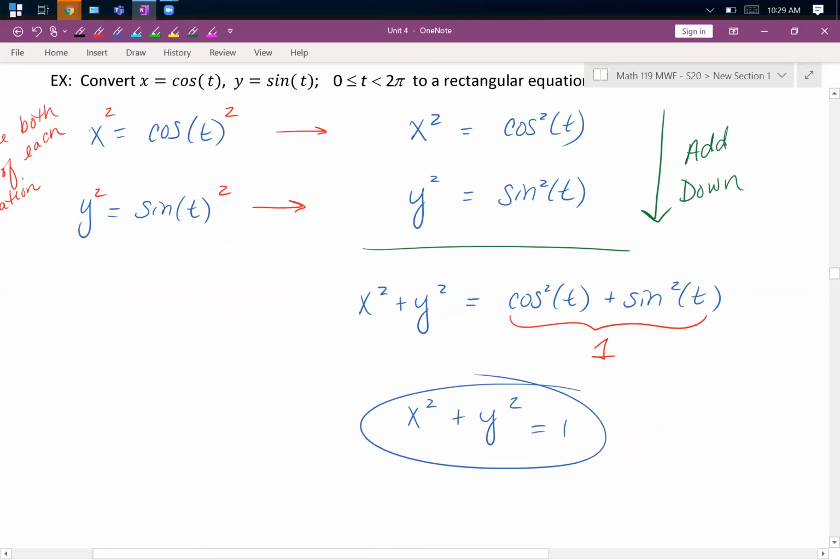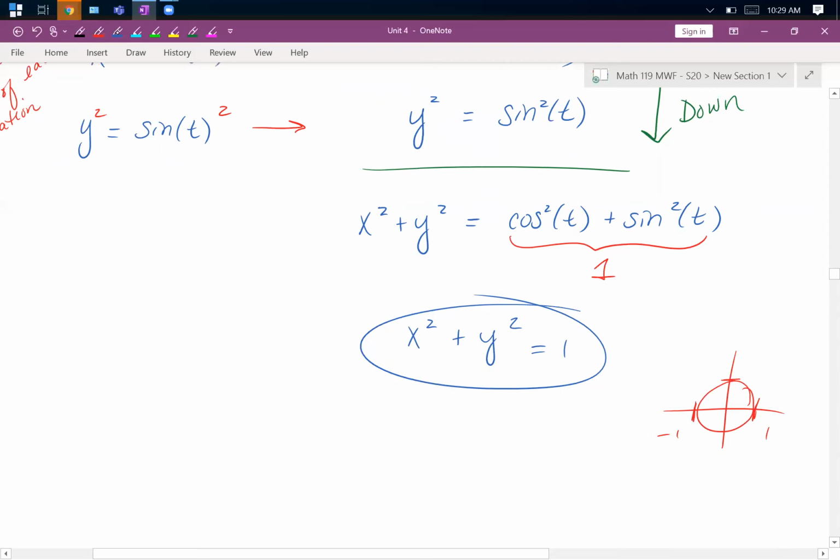A circle. Could you be more specific? Circle, centered at the origin, radius of 1, unit circle. So I probably would have just pictured the graph of this. And because t went between 0 and 2 pi, it's telling me I want the whole circle. And since it's a unit circle, I know that my domain is going to be from -1 to 1.